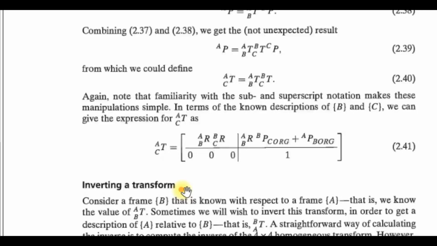Means first you rotate along the x-axis, then you write the rotational matrix with respect to x, then y, then z, or first x, then z, then again x, then again z, then y. So you have to maintain the serial of the rotation.